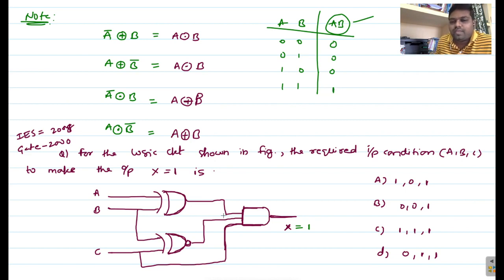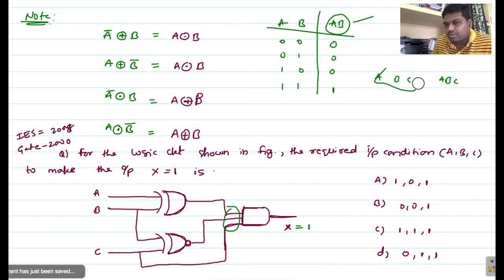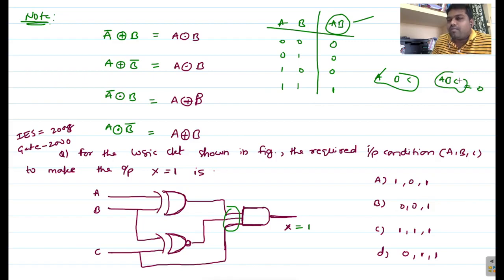But here we have 3 inputs for this AND gate. Even with 3 inputs, the output will be A into B into C. If any one of the inputs out of A, B, C is 0, obviously this product will become 0. When all the inputs are high, then only this product will become high.